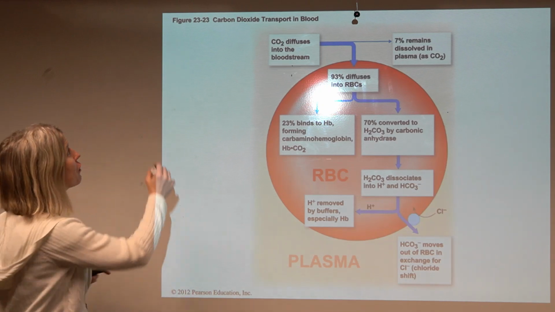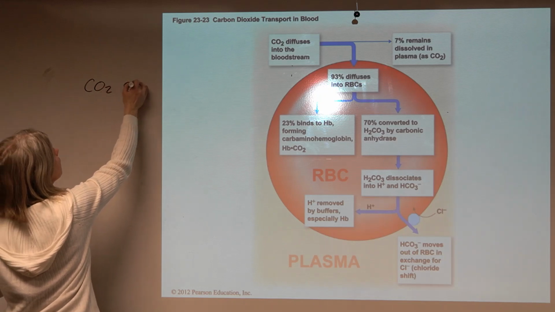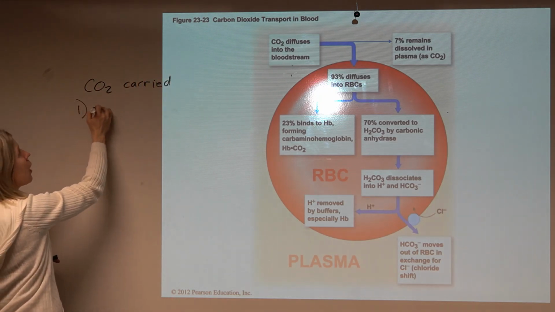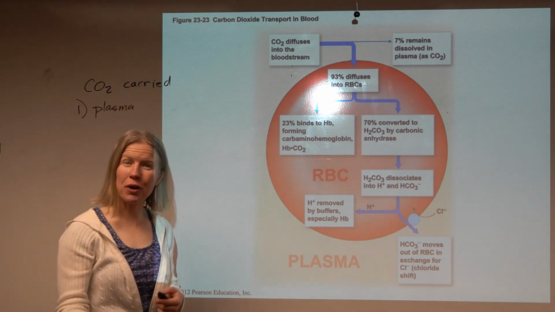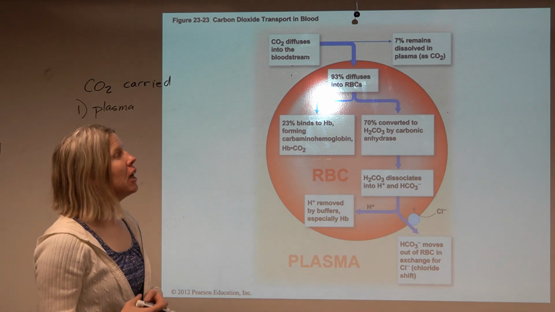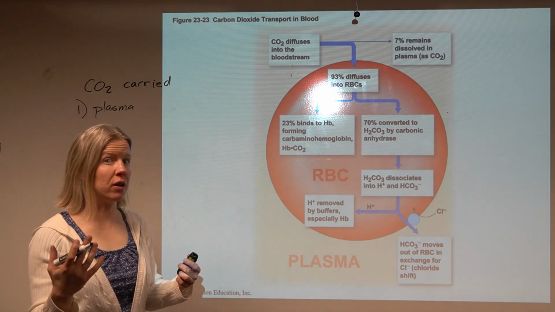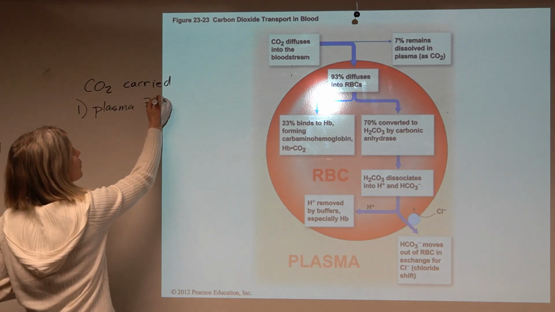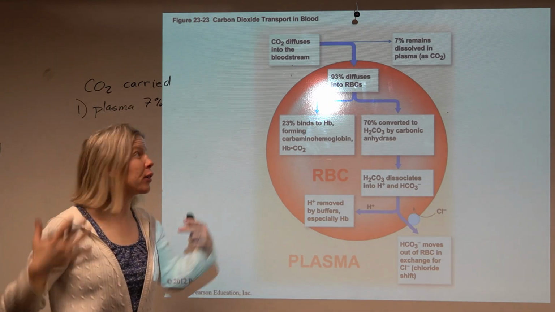Our three different ways here are how CO2 is carried. Some in the plasma. CO2 actually diffuses much more nicely into liquids than oxygen. There's a minute amount of oxygen being carried in the plasma, most is on hemoglobin, but when we get to CO2, about 7% of the CO2 just dissolves in the plasma and gets carried through the body.